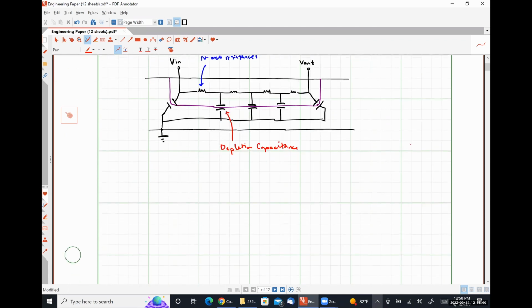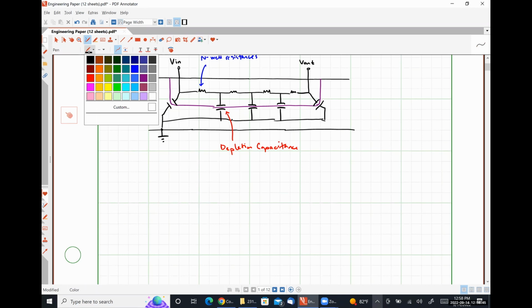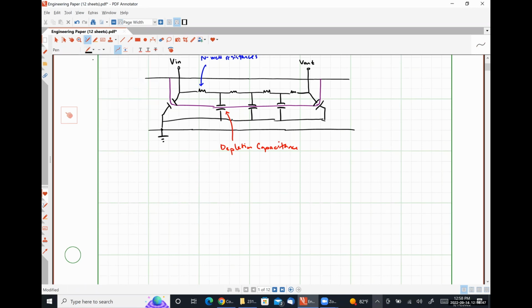Okay. A very brief Circuits 1 style review here of what we should expect out of an RC network in general. So let's say that we had the following simple network. Here's our resistor.